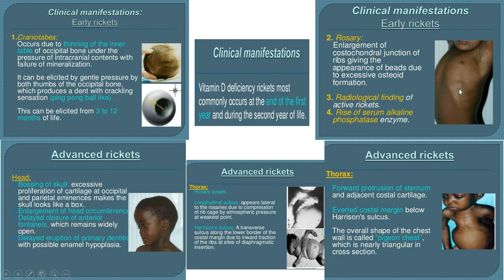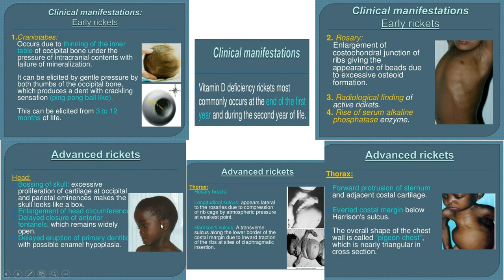This is called the rachitic rosary, and it is associated with a high rise of alkaline phosphatase enzyme in rickets. If this rosary is painful, it is found in scurvy also, but in case of rickets, it will be only a palpatory finding and not so much tender.